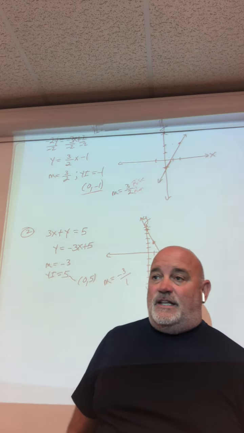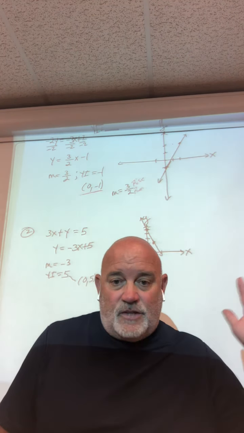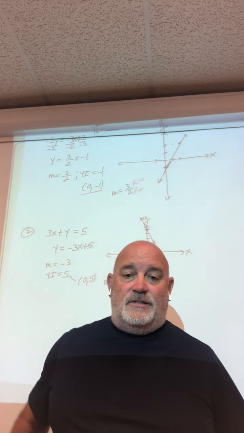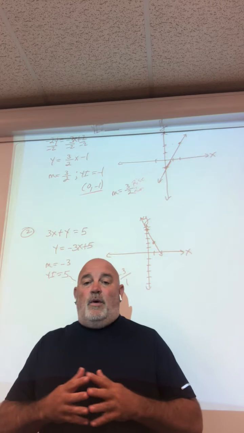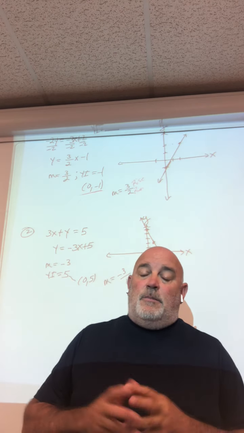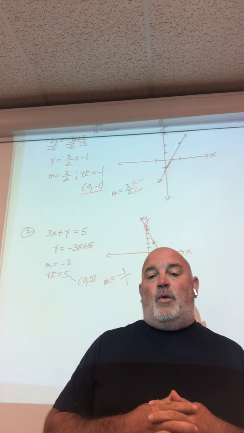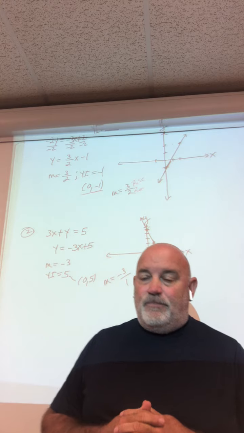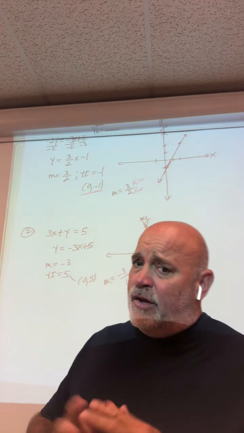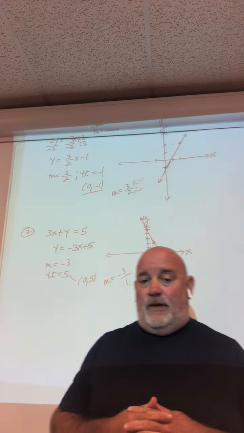For instance, if I just said, find the equation of the line I'm thinking about, well, there's no way of knowing what the equation of that line is. So I have to give you some information. And depending upon what that information is depends upon how easy or how difficult getting that equation is. We're going to break this up into stages, so you're going to have to really pay attention, take good notes, and really listen carefully.